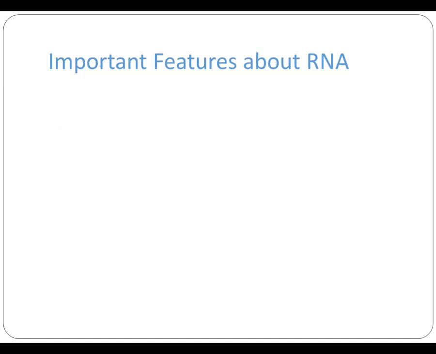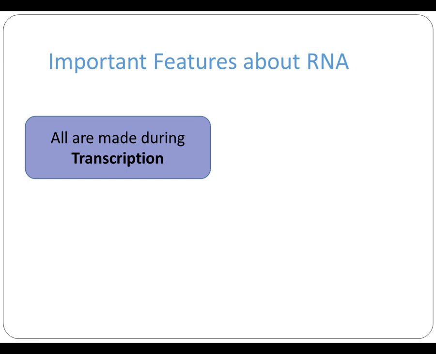If we look at all three types of our RNA molecules, we talked about this on Thursday. All types of RNA are manufactured during transcription, not just messenger RNA. We tend to hone in on messenger RNA because that's the one that codes for our message.